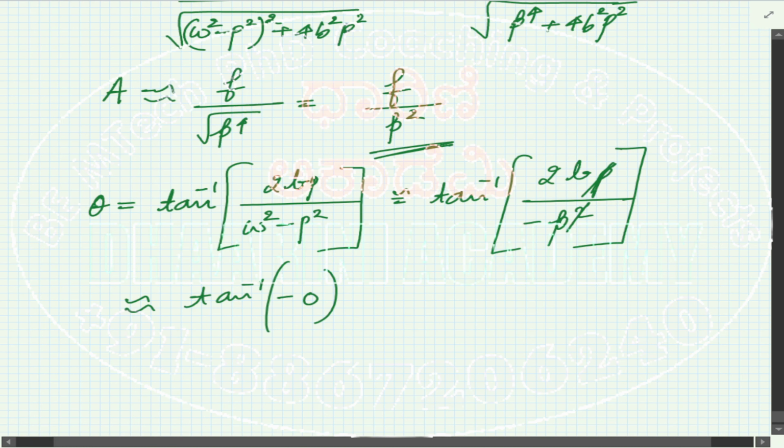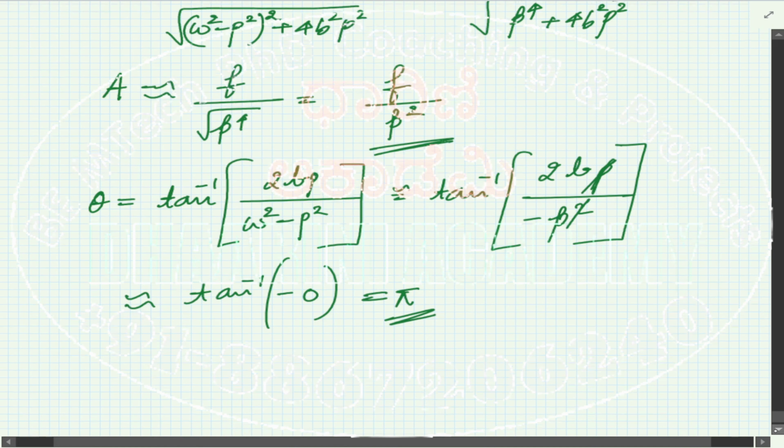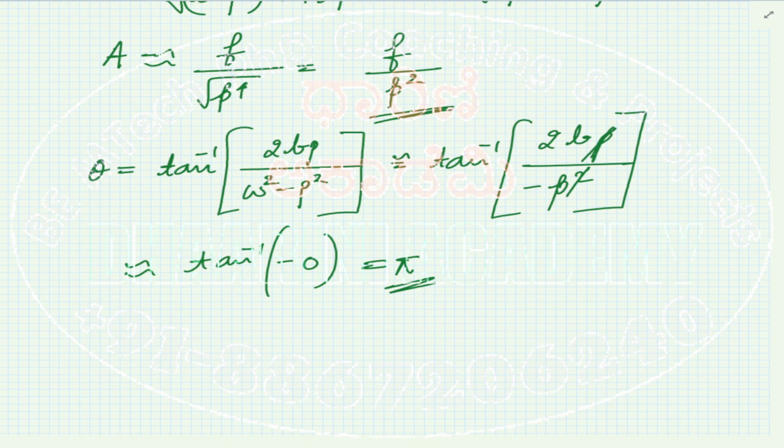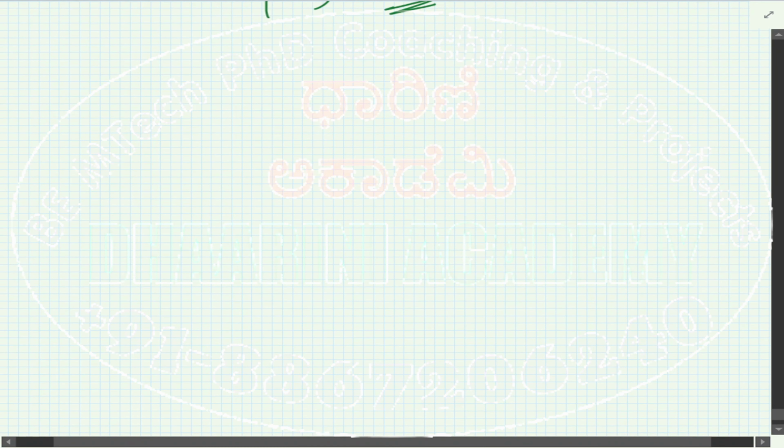But I don't have any other option, I need to write a 0. Tan inverse of 0 is 0, tan inverse of a negative answer closer to 0 will be pi, 180 degrees. So theta becomes equal to 180 degrees in this case. So that is case number 2 of the forced oscillation.